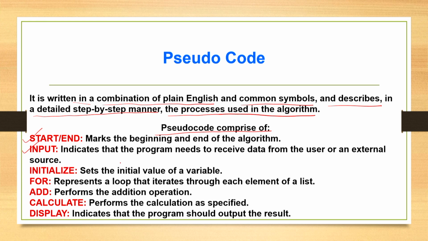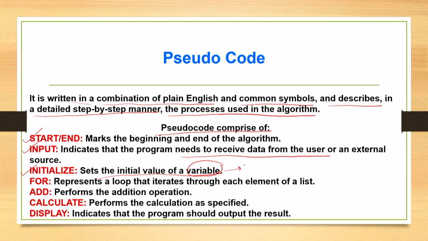Input indicates that the program needs to receive data from the user or an external source. Then initialize, you can set some initial values to a variable. Variable here means what?